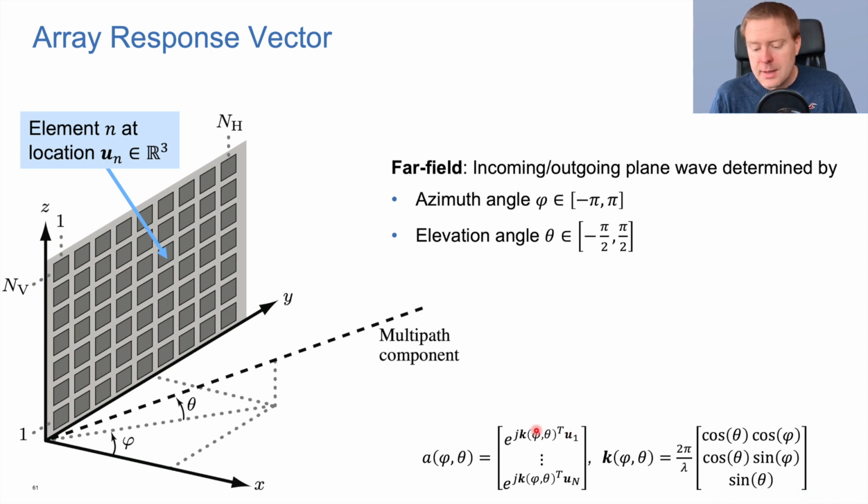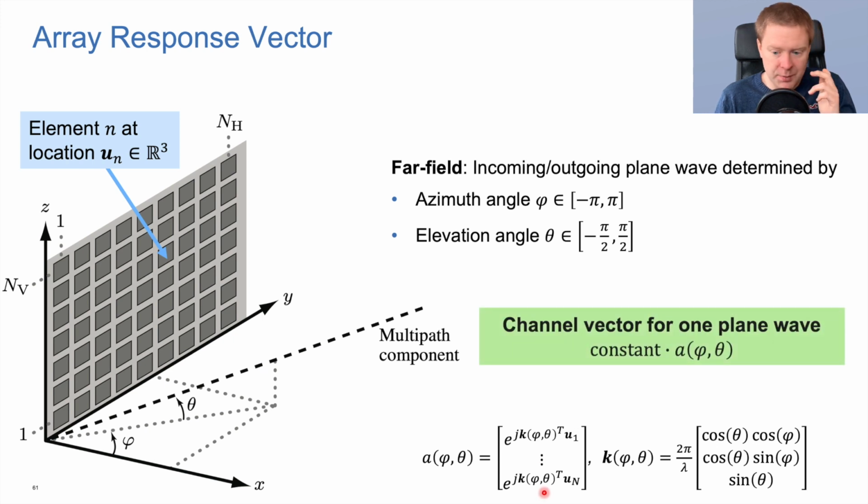So by taking this inner product, multiplying it with the imaginary number j, and taking e to the power of that, we get a different phase shift at different elements. And this is what we can do when we have one plane wave impinging on the surface. Then the received signal will be that plane wave multiplied with a constant and the array response. That's sort of the different channels to different elements here.